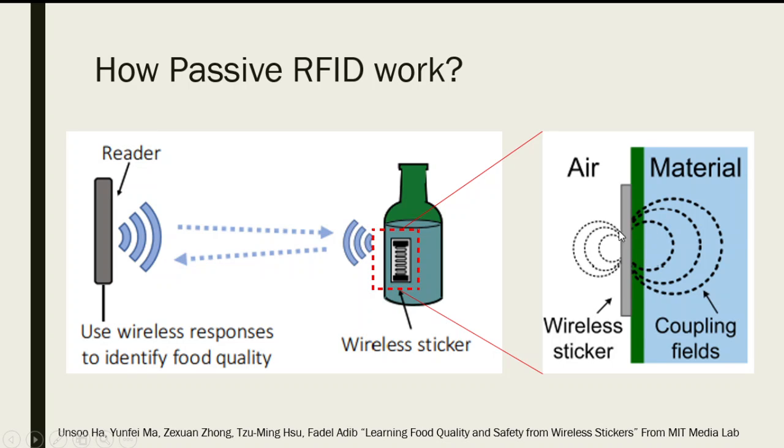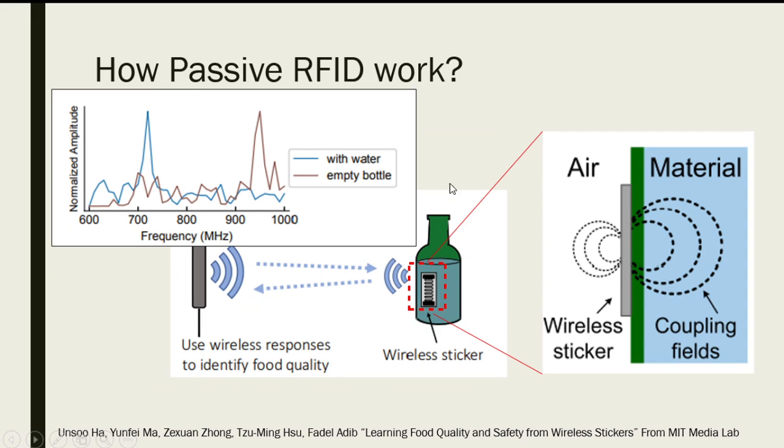Now with different coupling, the transmitted signals from the RFID tag will have different properties. It may be the transmitted signal strength, or it may be the frequency with the highest amplitude that will be changing. So based on what is the substrate of the back plane, the physical properties will change.